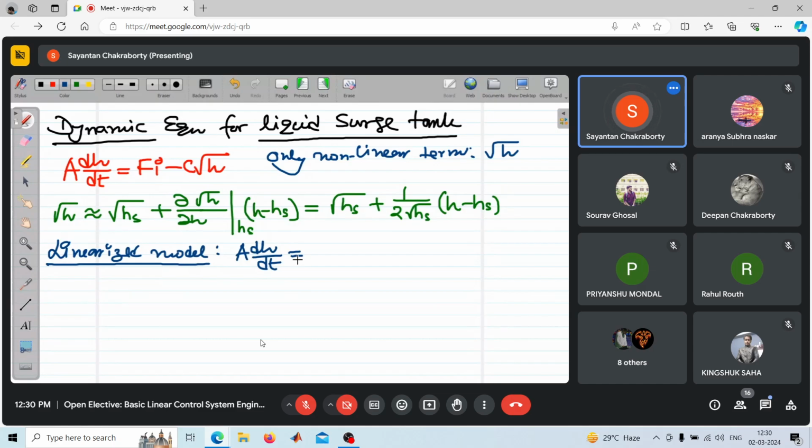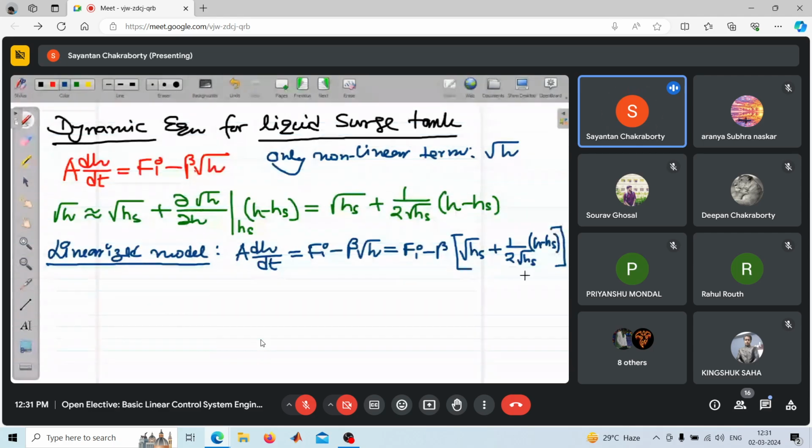A dh dt is equal to Fi minus beta root h, that is Fi minus beta root over hs plus beta by 2 root hs times h minus hs.